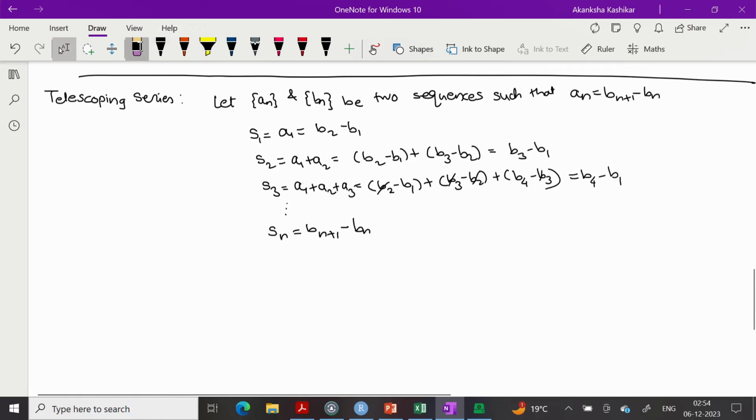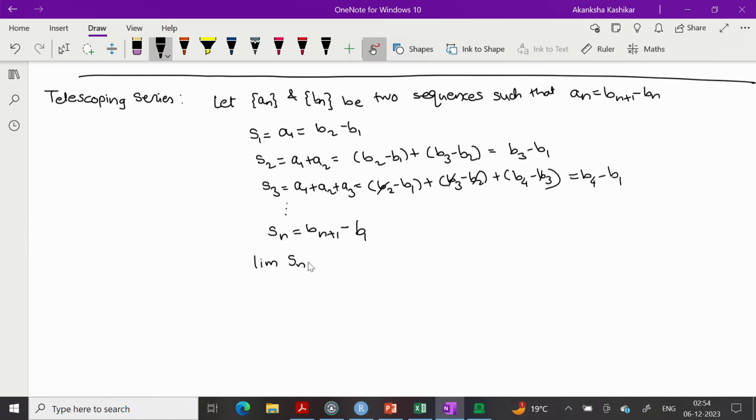I accidentally wrote n. Because S2 is b3 minus b1, S3 is b4 minus b1, so b1 is there everywhere. So Sn is b_(n+1) minus b1.